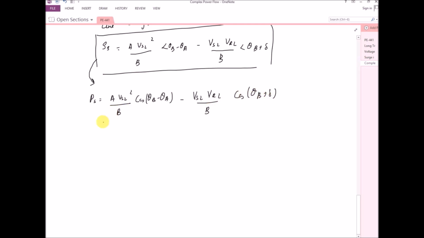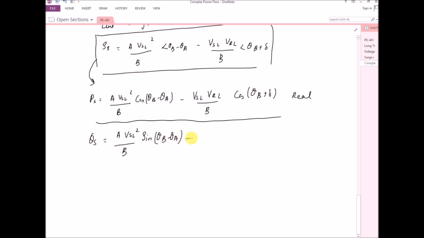So this is the real part of the complex power, and for the imaginary part, that is the reactive power of the sending end, that is A VSL square over B sine theta B minus theta A, minus VSL VRL over B sine theta B plus delta. So this is your imaginary part of the complex power.